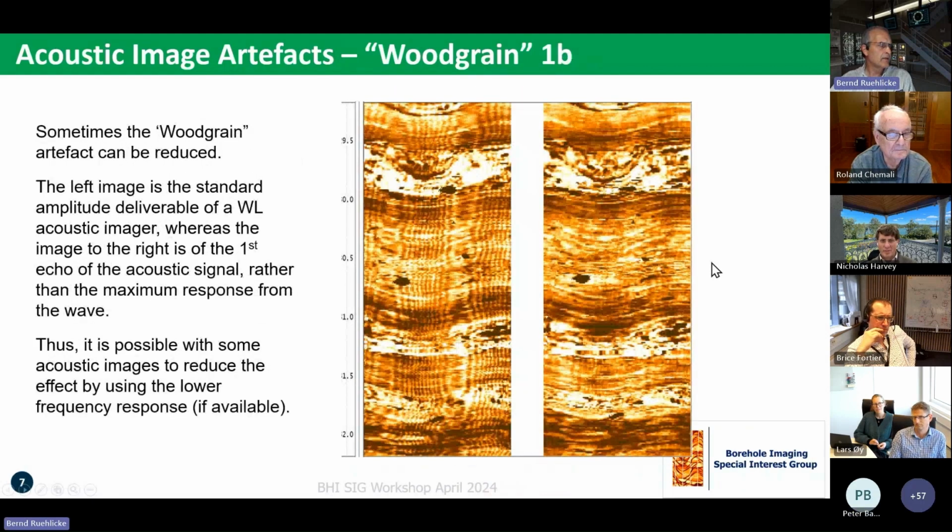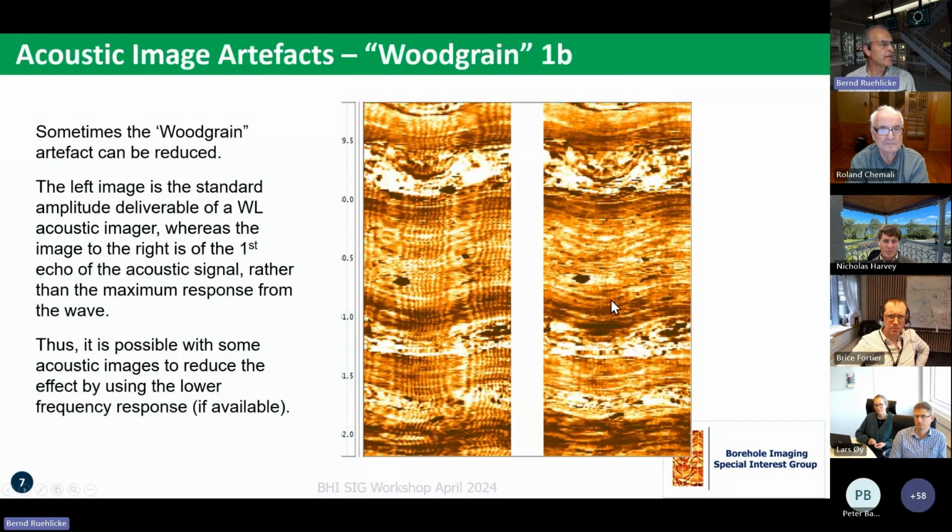Okay, I can try the next slide. Next slide, Bernd. This is an example of a more peaceful wood grain. I hope you can see this image. This is two images, the same data on the left and on the right.